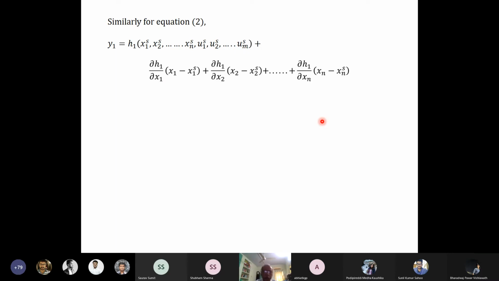In a similar fashion, for the output map or the output equations, y is equal to h(x, u), where h is a function. So I write for y1 in terms of the x state variables and then in terms of the input variables.